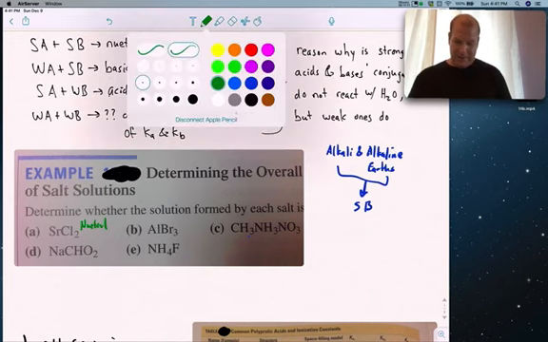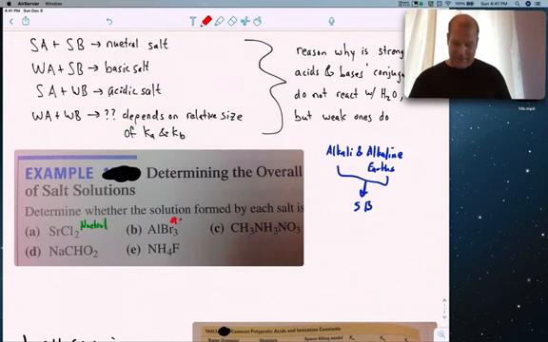Because of the strong acid and weak base, this is going to be acidic. And then C, methylammonium nitrate. Methylamine is CH3NH2, that's going to be a weak base. And NO3 is from HNO3, so weak base and strong acid. This is going to be acidic.